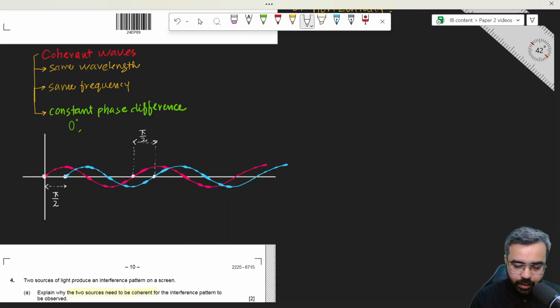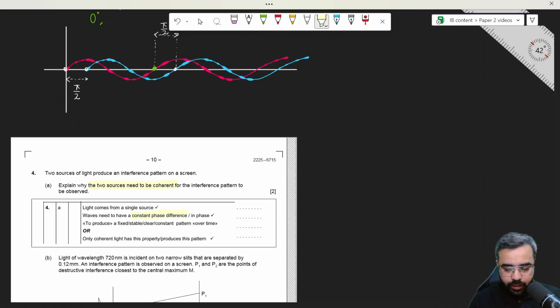Pi over 2. Because any two waves which have a constant phase difference, let's say pi over 2, there is one thing from which you can identify that at this point where this is giving you zero value, the other wave is giving you the maximum value. So this is called the constant phase difference, same wavelength and same frequency. If this happens, the two waves can interfere.